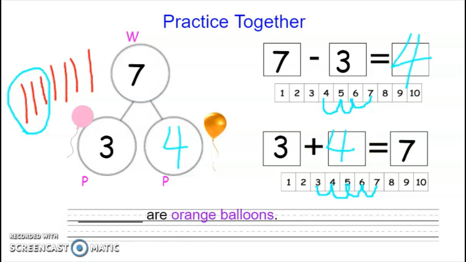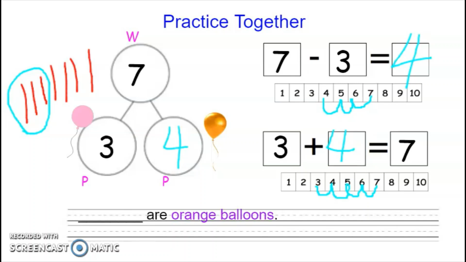Now that we have finished our number sentences and we have finished using the count on and the count back strategy on a number line, which strategy is more efficient or helps you solve more quickly? Remember to think about the jumps that you had to do. Go ahead and pause.